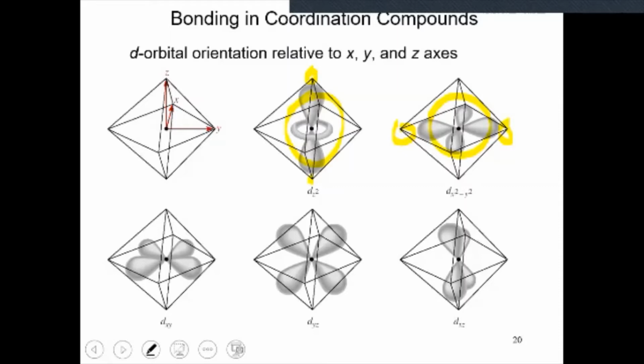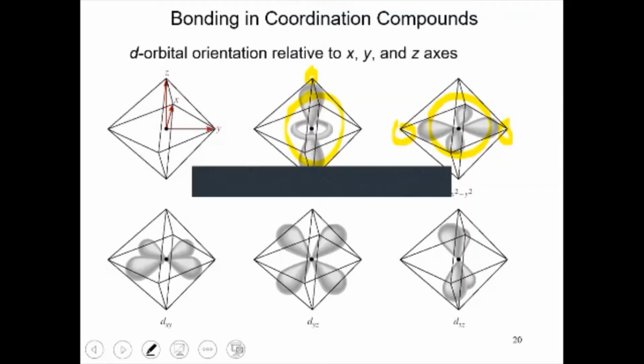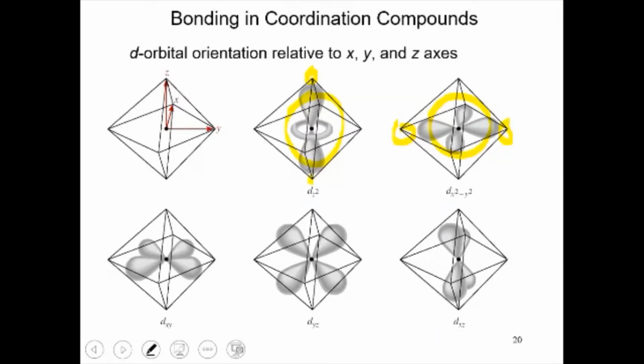What we propose is that the central cation is simply a region of very high positive charge density, and the incoming donor atoms essentially behave as negative point charges, and they are drawn into a semi-ionic bond with that central cation.